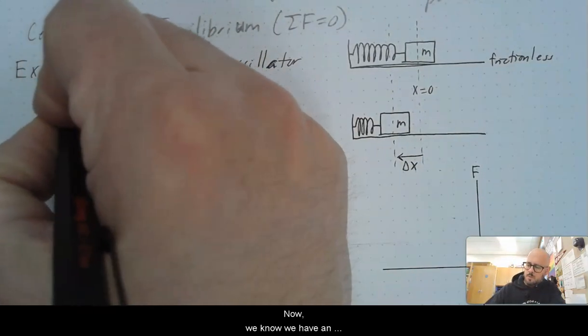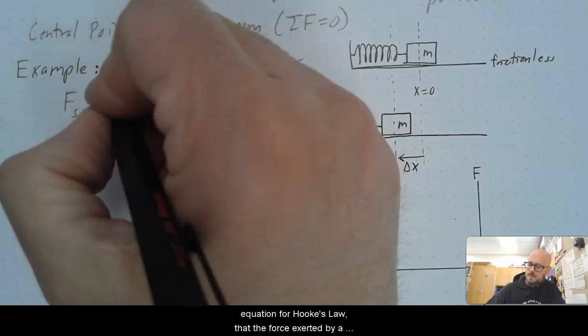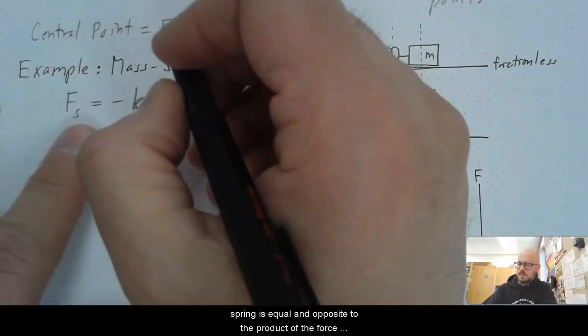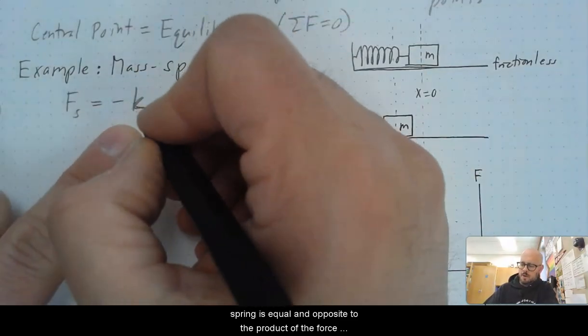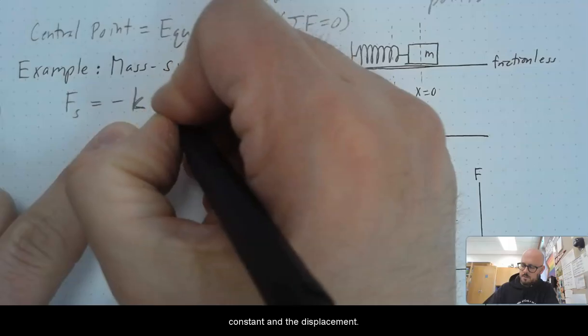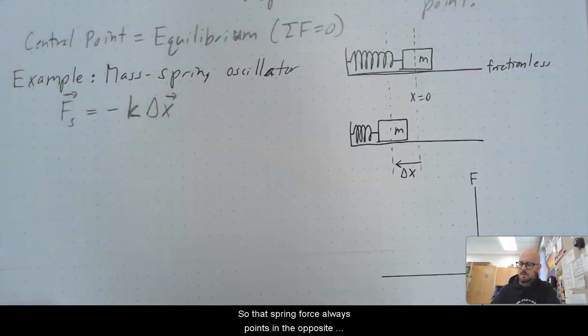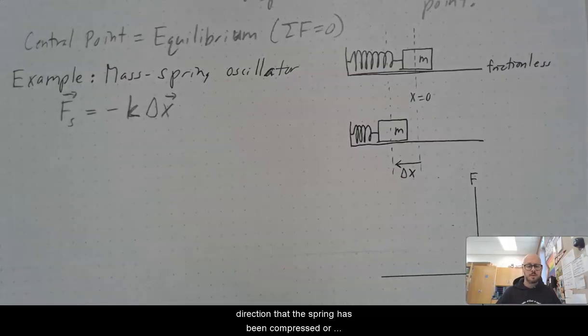Now we have an equation for Hooke's law, that the force exerted by a spring is equal and opposite to the product of the force constant and the displacement. So that spring force always points in the opposite direction that the spring has been compressed or stretched, and it's proportional to distance. This is what we mean by a linear restoring force.